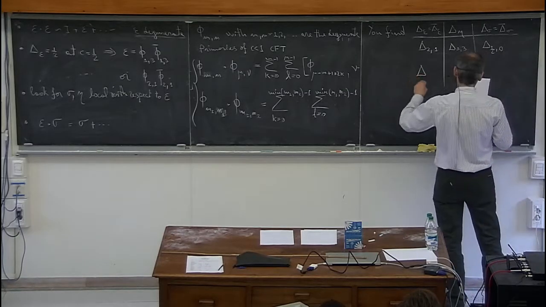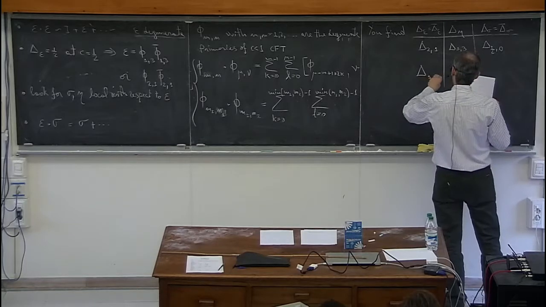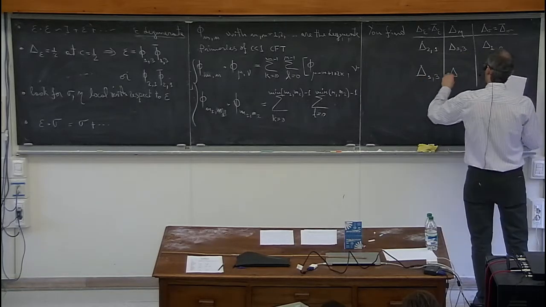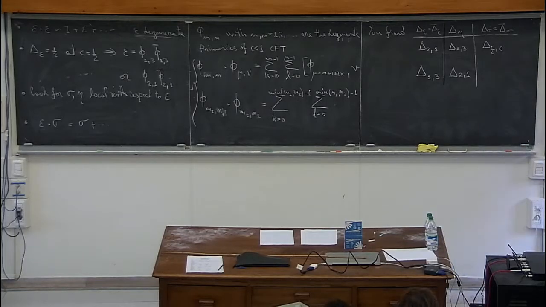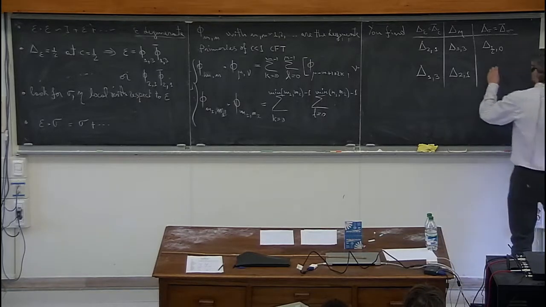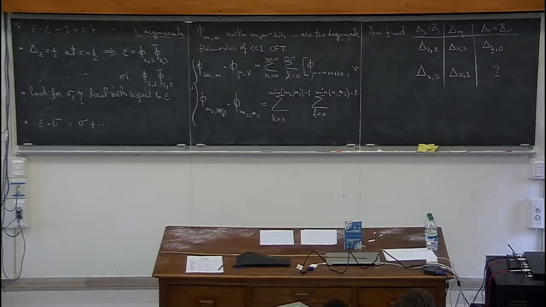For the other choice of epsilon, which is 1, 3, you find delta 2, 1 for eta, while here you get no information, actually. So you remain with a question mark there.